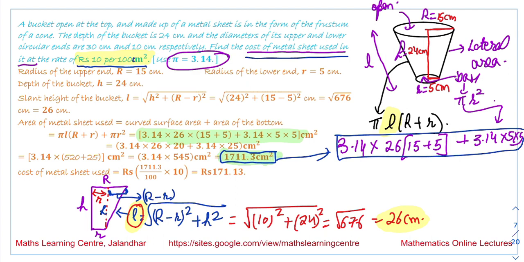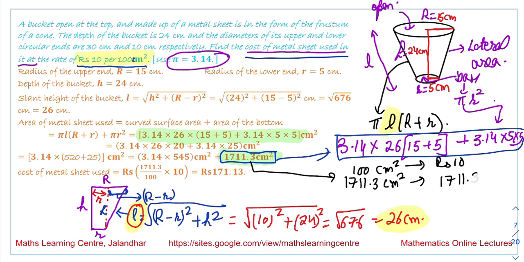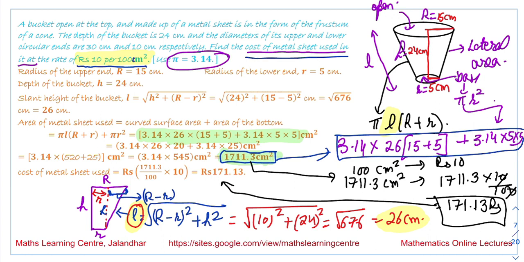So for 100 centimeter square, the cost is rupees 10. For 1711.3 centimeter square, the cost will be 1711.3 into 10 by 100, and the value comes out to be 171.13 rupees. So this is the total cost of the metal sheet.